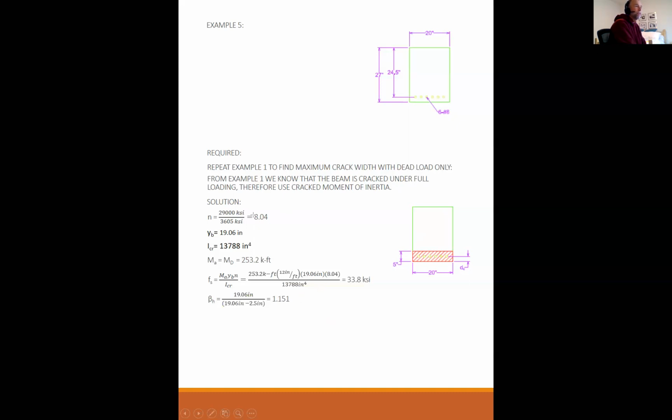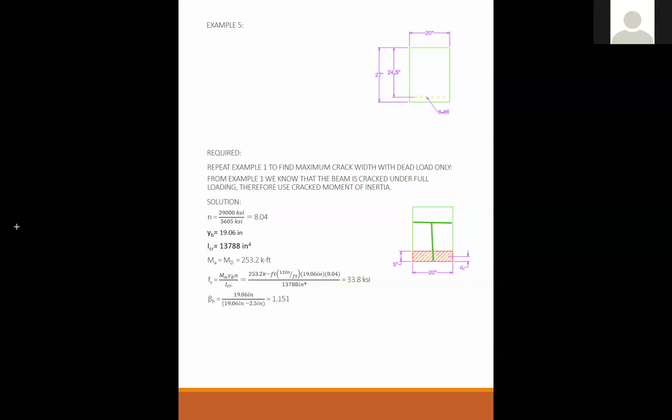Yeah, when you go back to example 1, we found that the neutral axis is right there. And the distance from the neutral axis to the bottom of the beam is 19.06. So this should have been 19.06 minus 2.5. Got it.